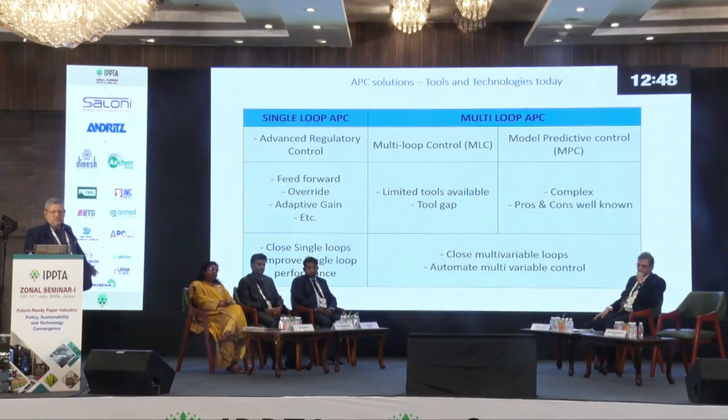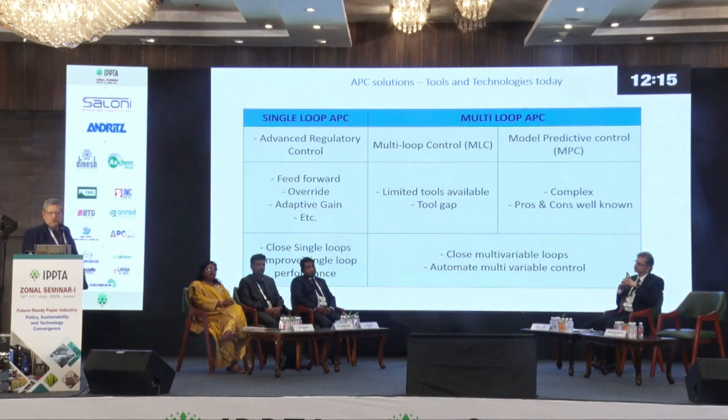So you have a single-loop APC and a multi-loop APC. You have advanced regulatory control, which covers feed forward, adaptive gain, and closed single loops. On the other hand, the multi-loop is the complex one: firstly model predictive control, with pros and cons well known.